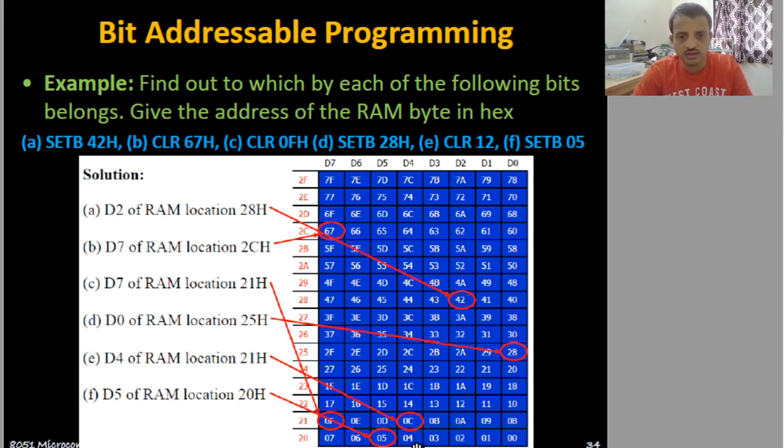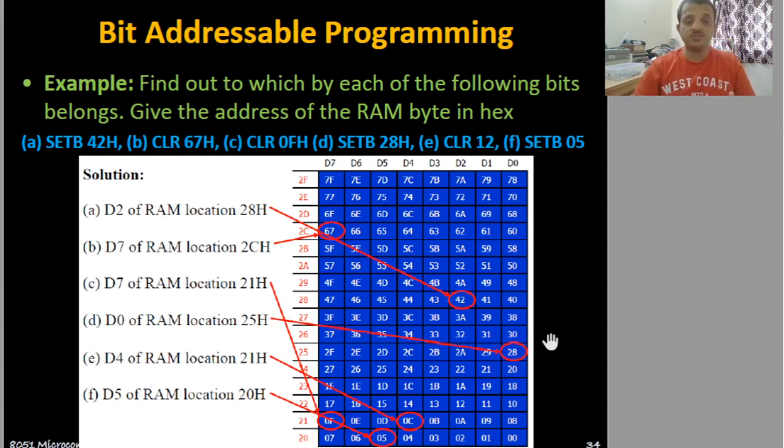See, purposely they have not given H. If you don't write hexadecimal, it will take the decimal value, and 12 is nothing but 0C. That's why it is pointing to 0C, so the fourth bit of the 21 location is cleared. Set bit 05: the fifth bit of 20H location is set to 1. So this is how the bit addressable instructions are used.